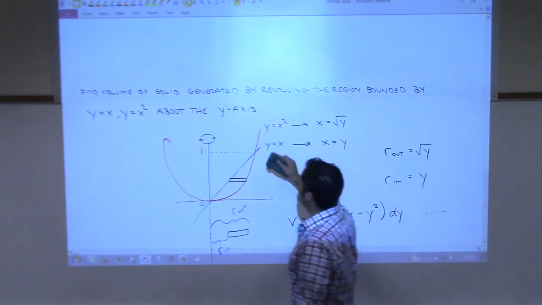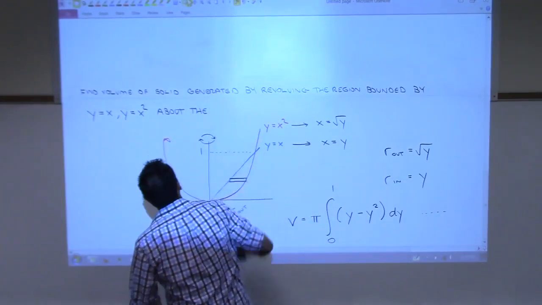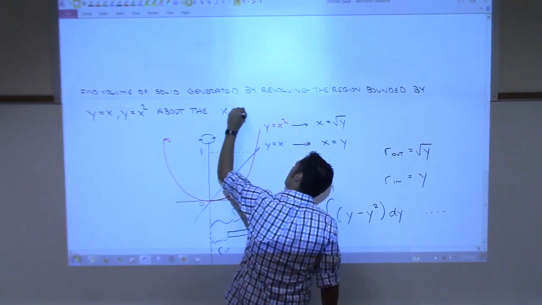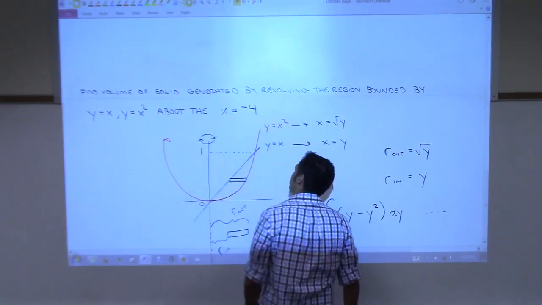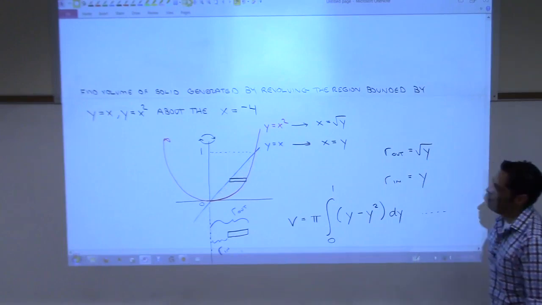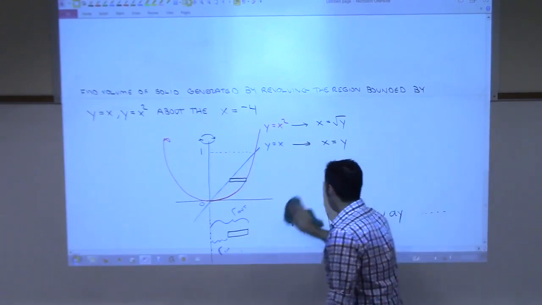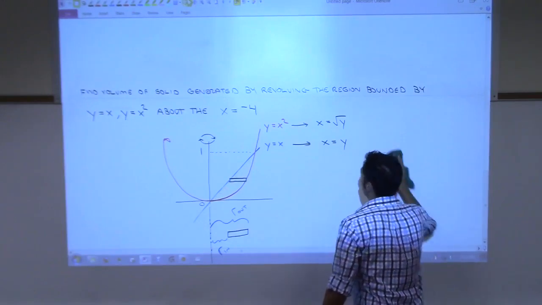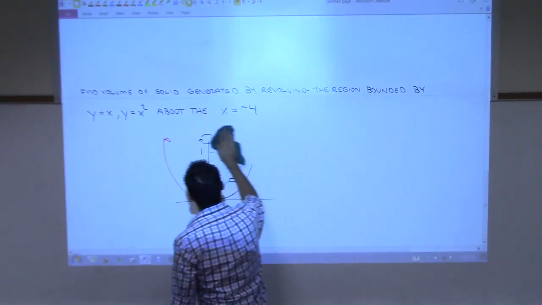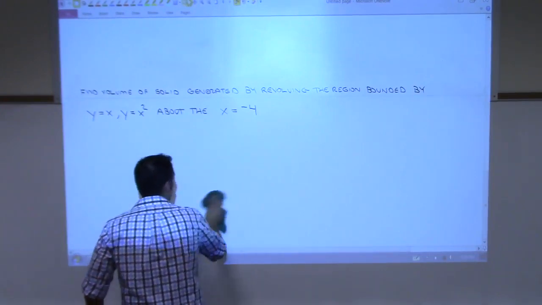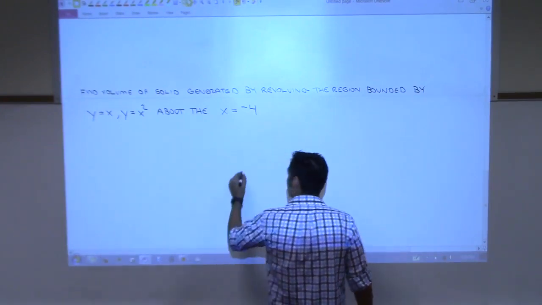Let's rotate this region not around the y-axis, but around, let's go with x is negative 4. So what is x is negative 4? It's a line. What type of line? Vertical. So we have a vertical line at negative 4. We're going to take that region, we're going to wrap it around there.